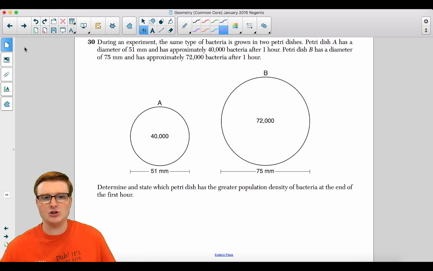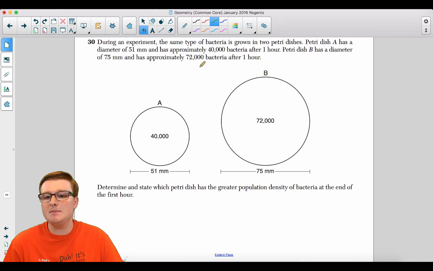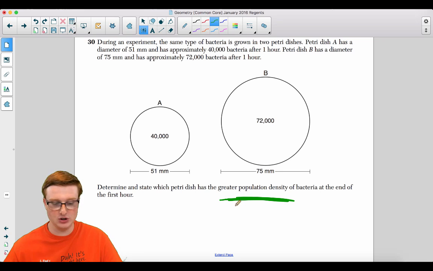This one was interesting. During an experiment, the same type of bacteria is grown in two petri dishes. Petri dish A has a diameter of 51 millimeters and has approximately 40,000 bacteria after 1 hour. Petri dish B has a diameter of 75 millimeters and has approximately 72,000 bacteria after 1 hour. Determine and state which petri dish has the greater population density of bacteria at the end of the first hour.